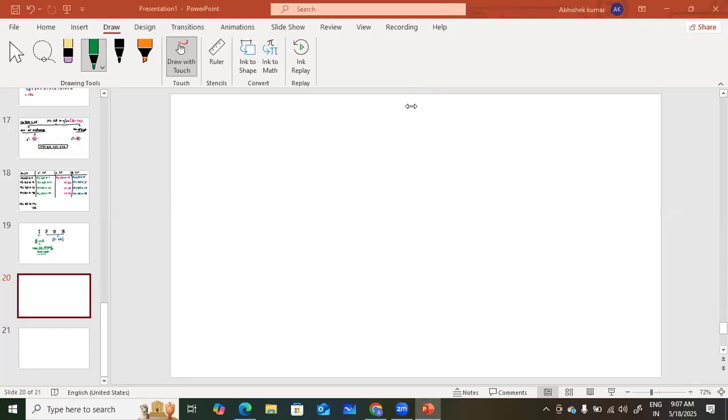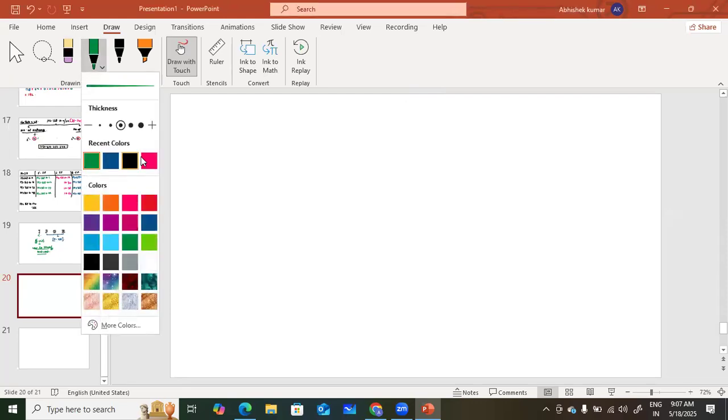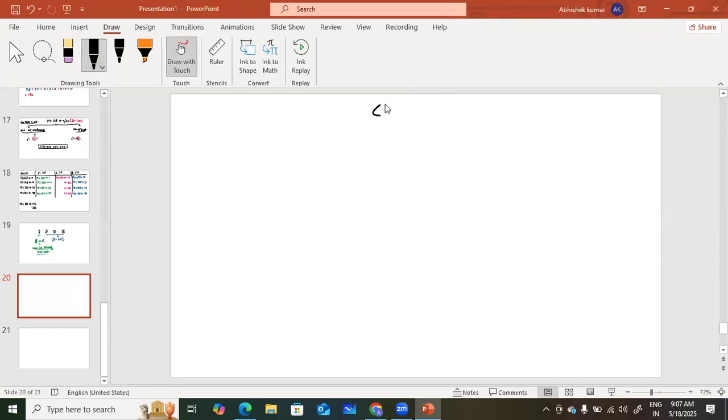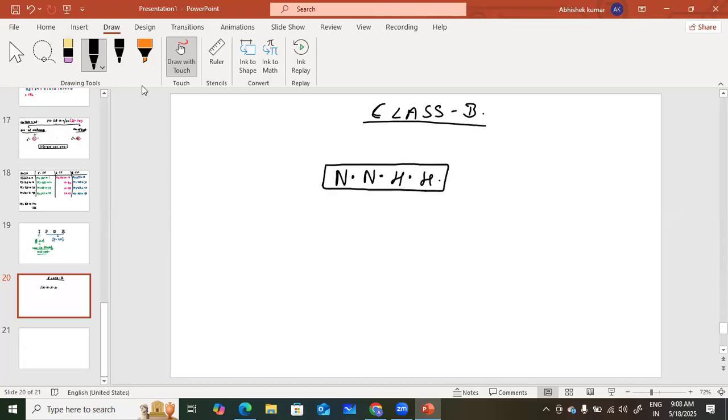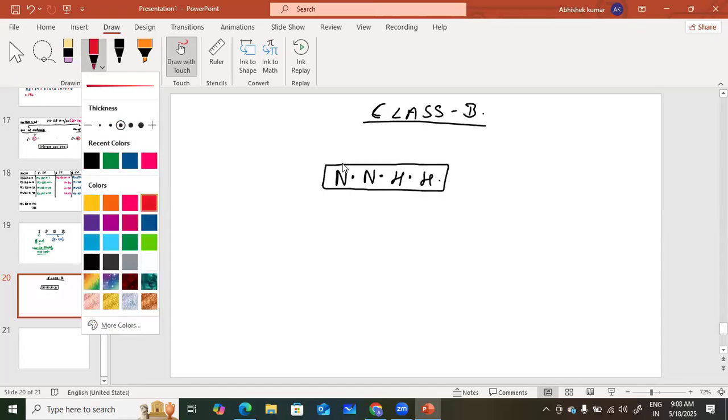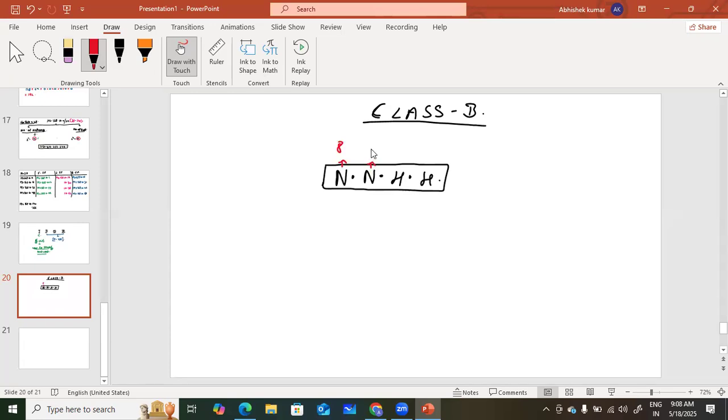Now focus on class B. The class B by default network and host portion is something like this: network, network, host, and host, 8, 8, and 8.